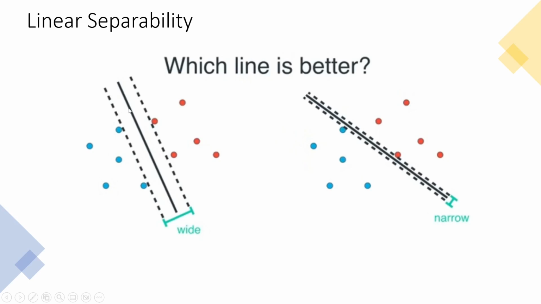For linear separability, we would like to get this width as high as possible. We would like the distance between the two gutters to be as big as possible. So this is a better separation than this one, because the distance between the two gutters is not big enough.